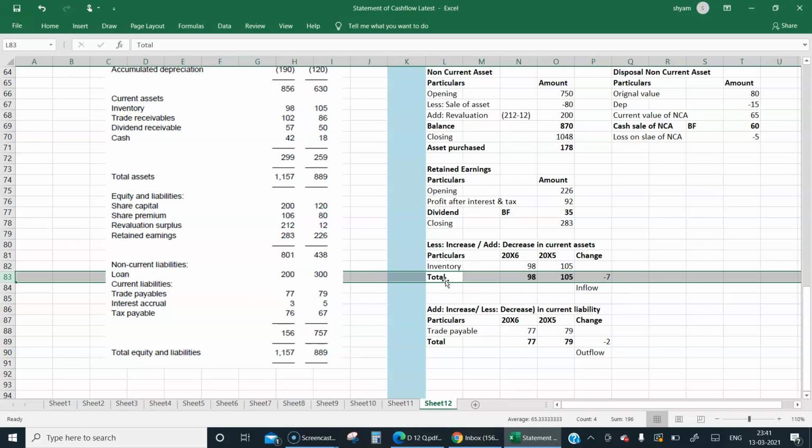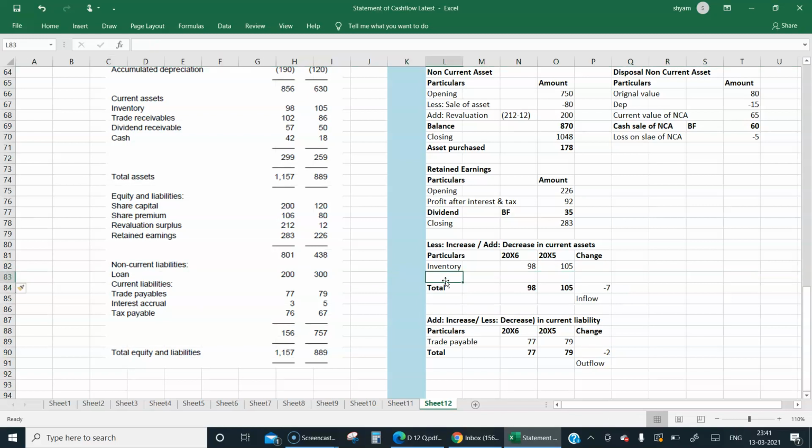So that should have been both inventory and trade receivables that we have missed. So trade receivables is 102 and 86.